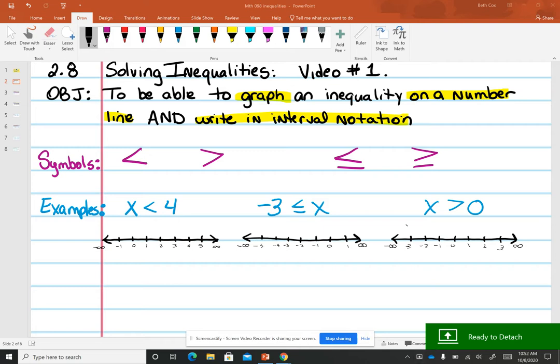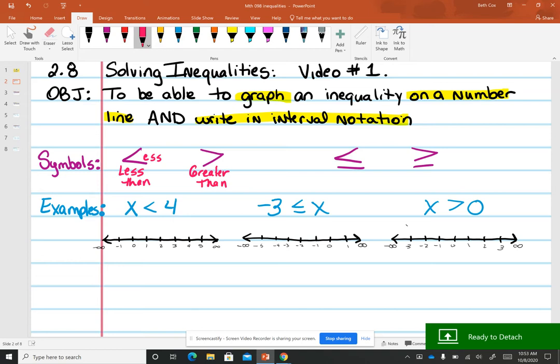First of all, we need to know our symbols. The way you know your symbols is the ESS. If I put ESS inside our symbols, one of them reads less than, and one of them doesn't. So this one must be the greater than.